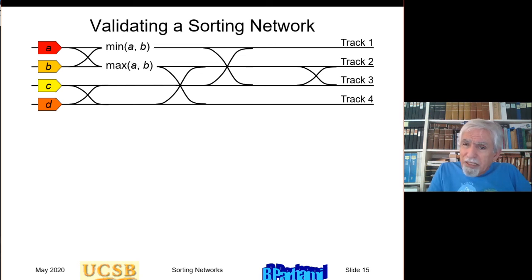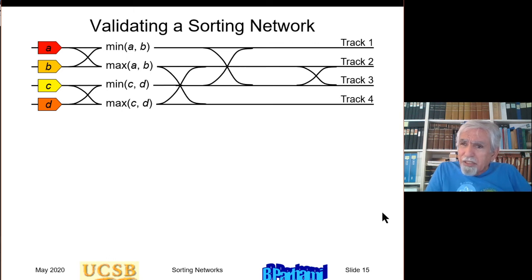Okay, I can analyze this and say that, okay, after the first conditional exchange, the smaller of A and B will go to the top, and the larger of A and B goes to the bottom. Similarly, the other exchange, the smaller of C and D and the larger of C and D will go as shown.